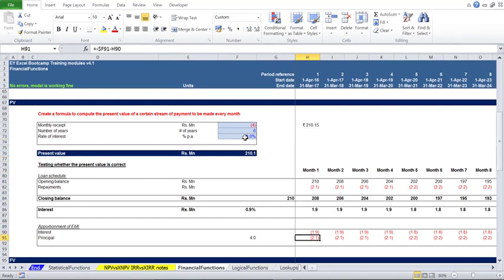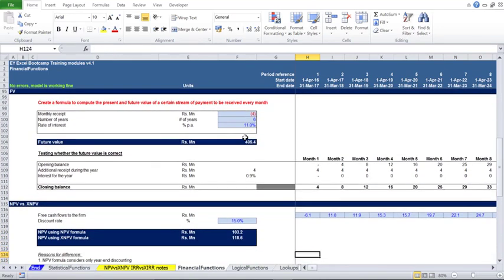Let's move on to the next function, which is FV. It stands for future value. FV again, like PV, calculates the future value of what a certain stream of cash flows would be worth after the end of a certain period.